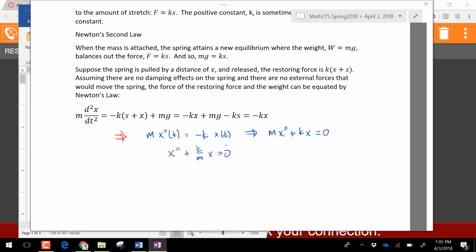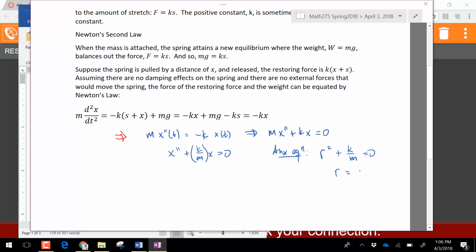So if we follow through this process, the auxiliary equation, oh, I can't use m anymore, let's use r for roots: r squared plus k over m is equal to 0, so r squared is equal to negative k over m.